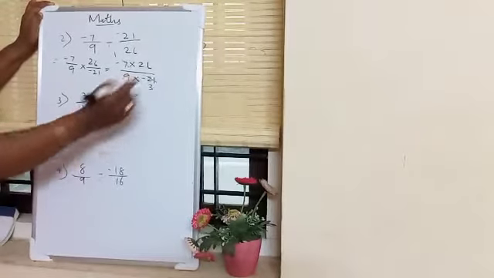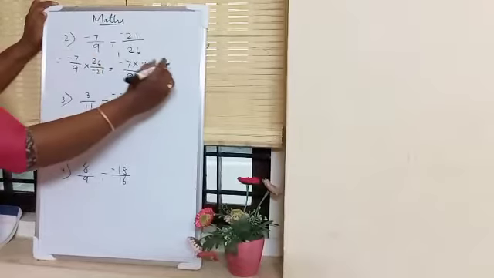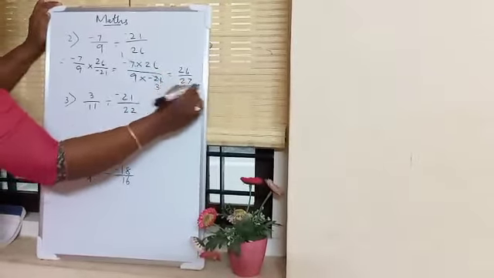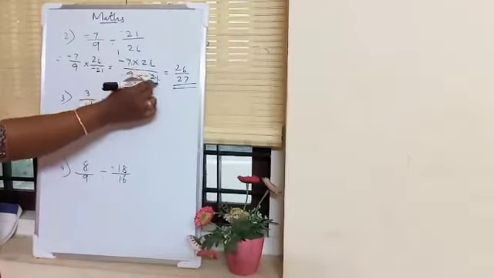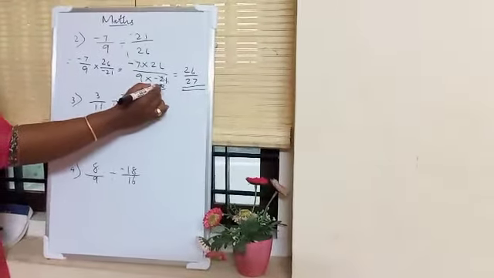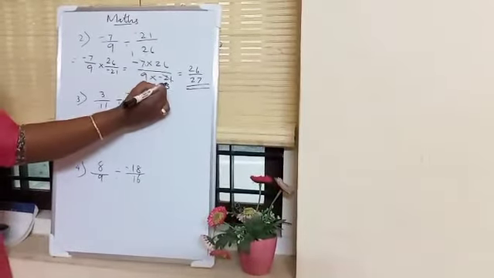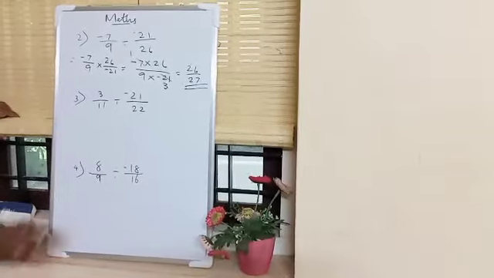Then the negatives also cancel. Then 26 by 27. Both are negative, so the result is positive. The result is 26 by 27.